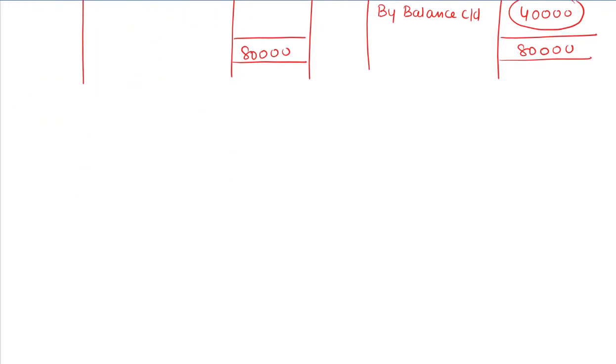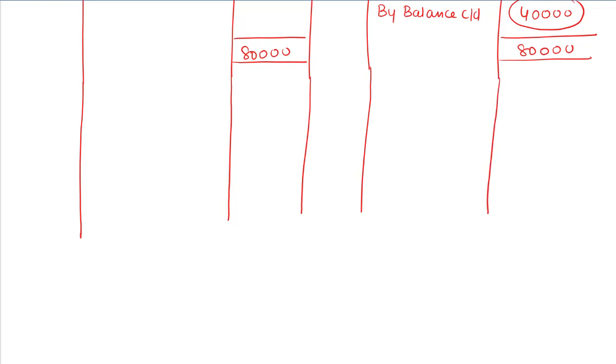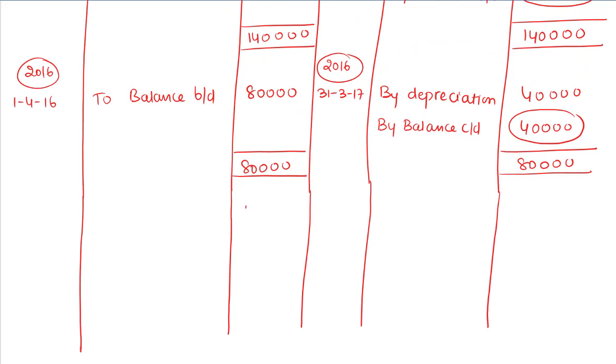Let us stretch these lines. We need to do the accounting for the 4th year, that is 2017. This 40,000 will come over here as opening balance. 1st of April 2017, to balance brought down 40,000.